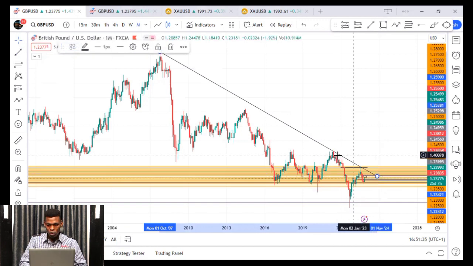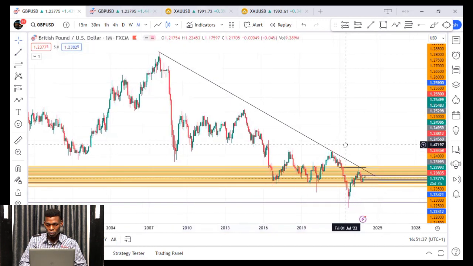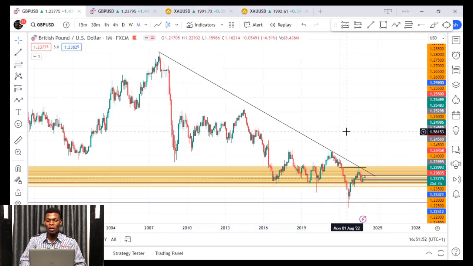Yeah, exactly. This second touch happened around June 2021. And this is the third touch here, which happened in July this year. So GBP on this monthly time frame is still looking very bearish, right? It's still looking like a downtrend.